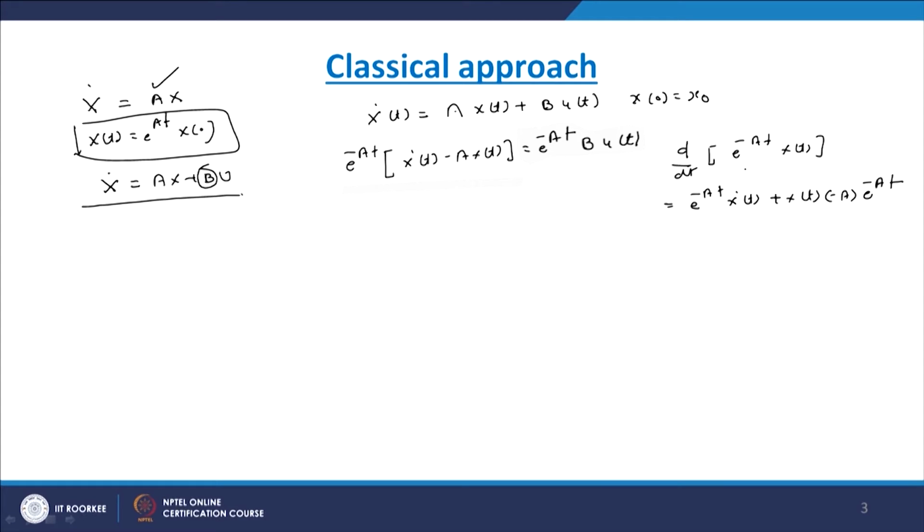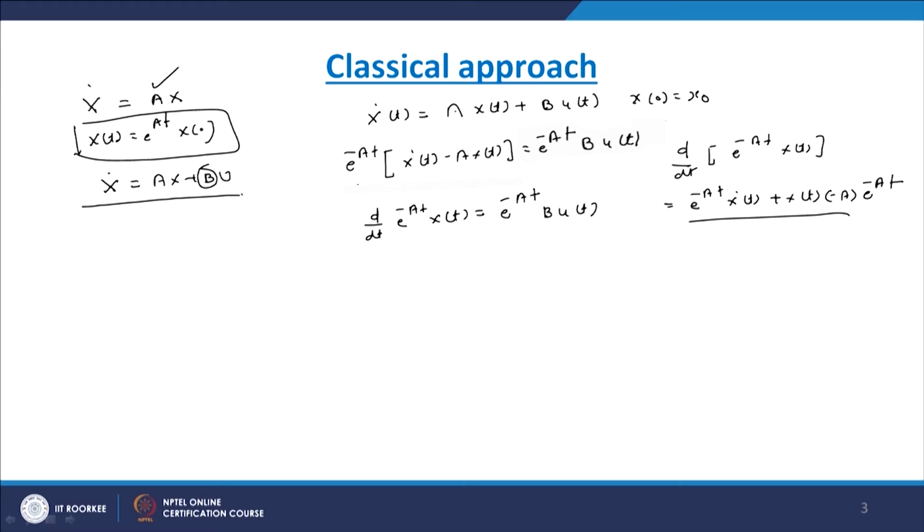That is what we have done: the first term constant, then the differentiation of x of t, x dot t, plus the first term, the differentiation of e raised to minus At is e raised to minus At times the constant minus A. Now you will find that this equation and the earlier equation are the same thing. Therefore, the next step we can write down as the differentiation of e raised to minus At into x of t equal to e raised to minus At into B into u of t.